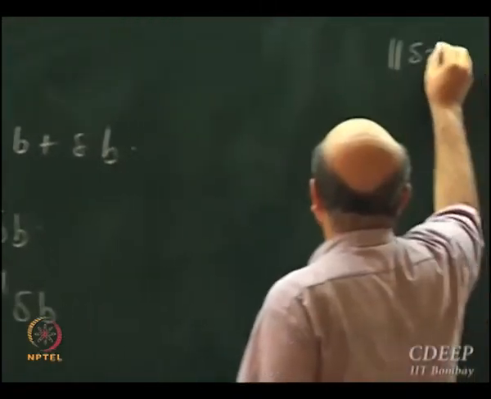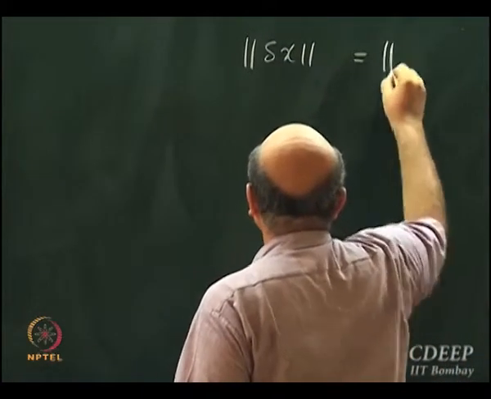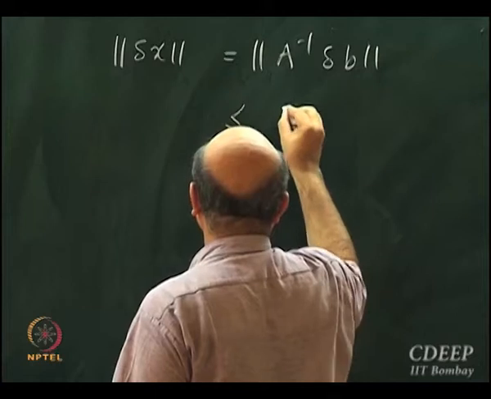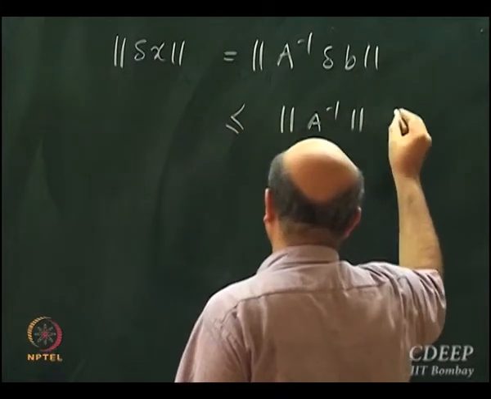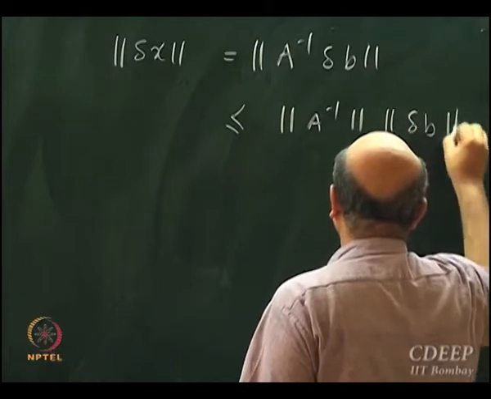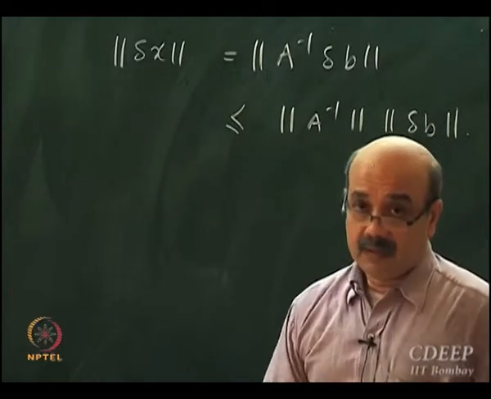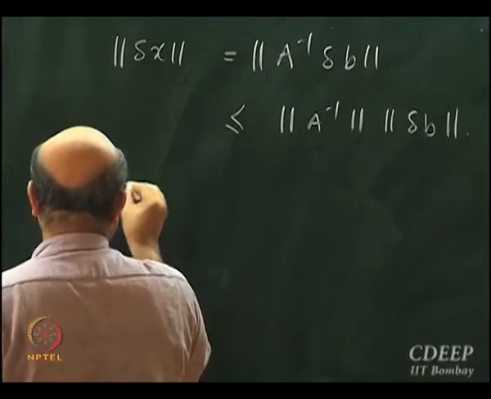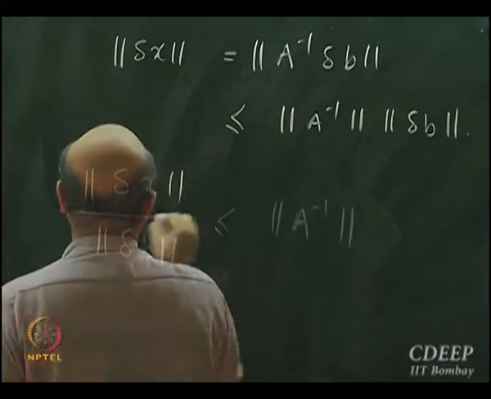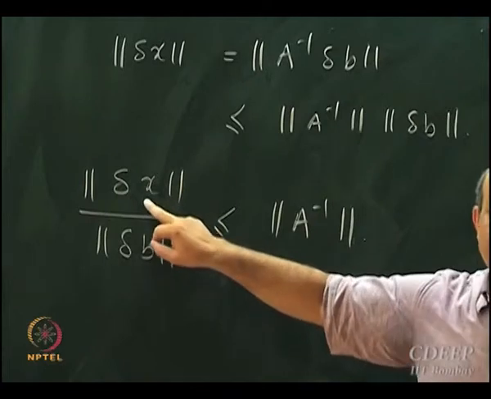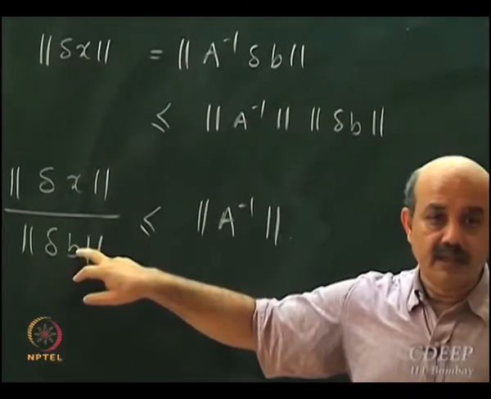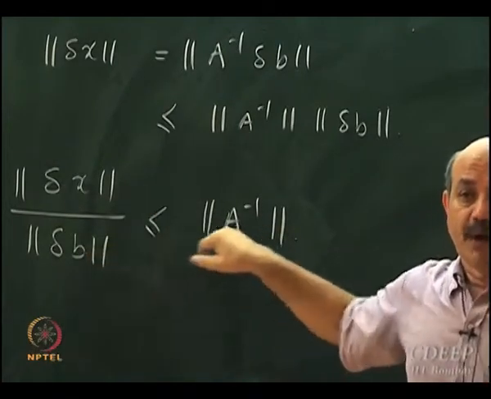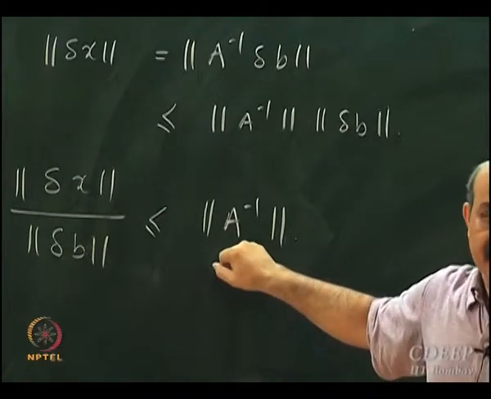So norm delta X is equal to norm A inverse delta B, which is less than or equal to norm A inverse times norm delta B, using the basic definition of matrix norm. So the change in solution due to change in the right hand side is bounded by norm of A inverse.